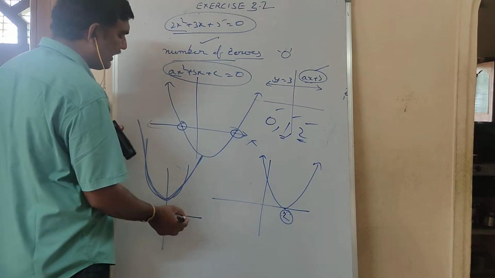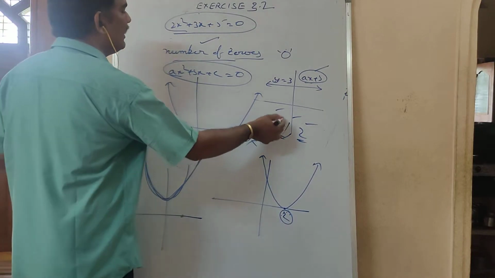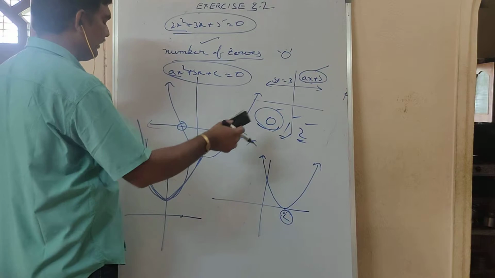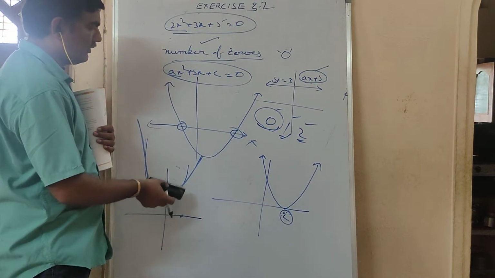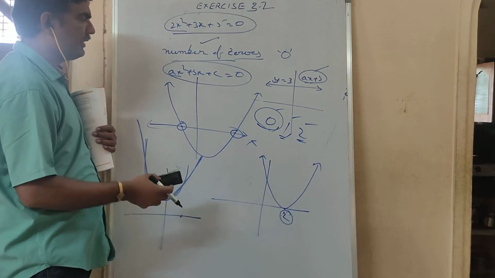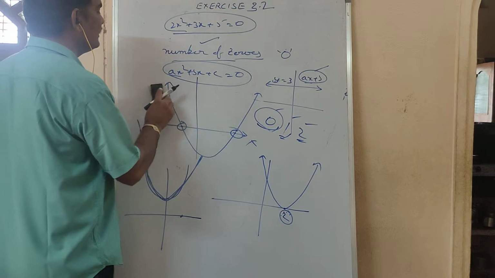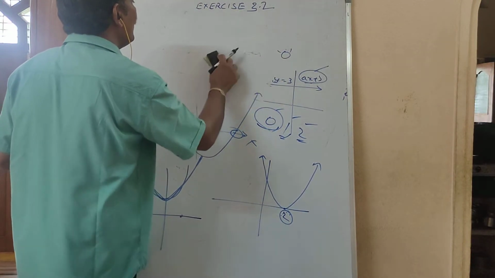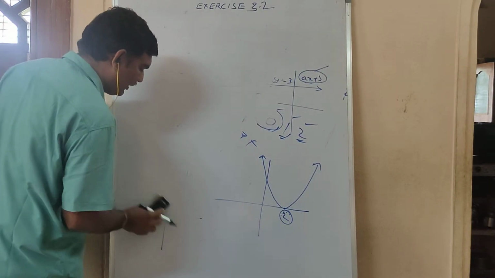If it never intersects the x-axis, it does not have zeros of the polynomial. For any value of x, y won't become 0. So all this you will come to know when you are drawing the graph. Those graphs I'll explain to you later.